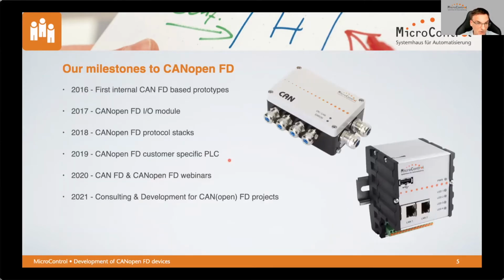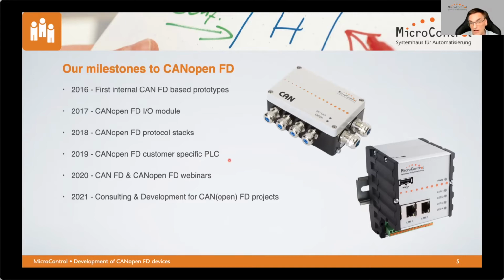So again, from our point of view, what are our milestones to CANopen FD? We started with CAN-FD in 2016 with our first internal CAN-FD based prototype. So a little bit playing around with silicon, which was available at this time.